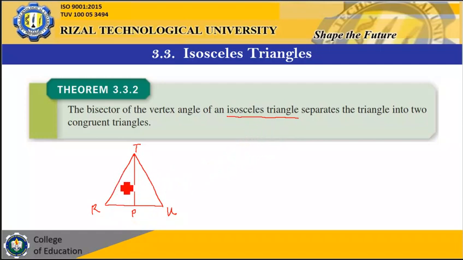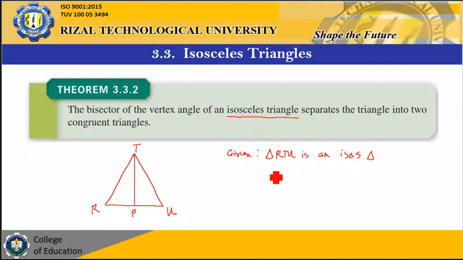And let's have our given. Let's have triangle RTU is an isosceles triangle. That's one.